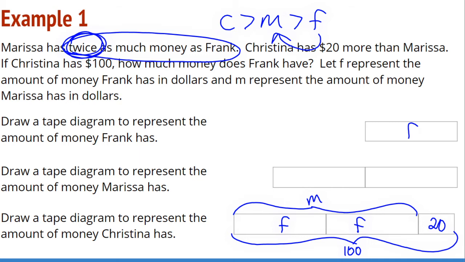So I've got Frank, Frank, and Frank, and Frank again. So Frank keeps showing up in all of these tape diagrams because he's the smallest building block. So I can actually look at Christina's and say that Christina's amount of money is double Frank plus 20.